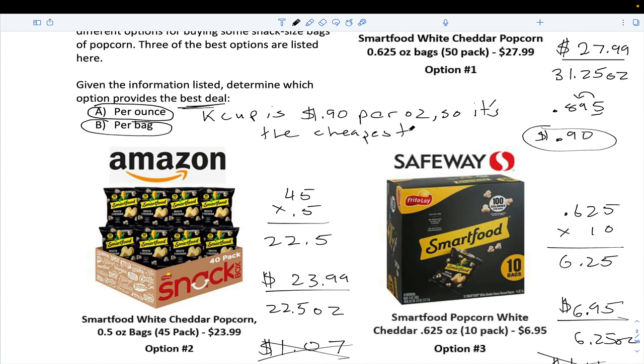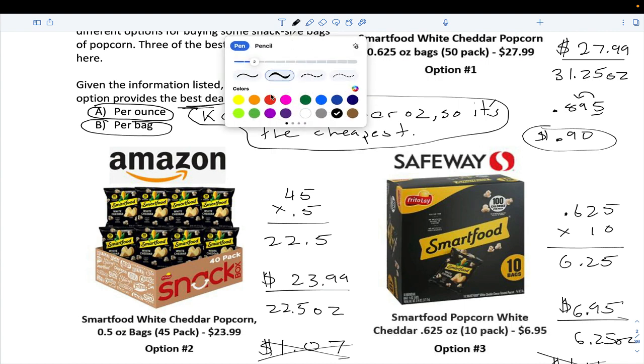And whenever you're doing these problems, even if you're halfway through and you know you've done something wrong, just keep going. Don't erase any work, because I'll give you credit and points for showing all of this work. You don't have to show the division because you have a calculator for that. And then we're going to circle our answer. That's part A. And if they want part B, the per bag one, I'll do it in red.